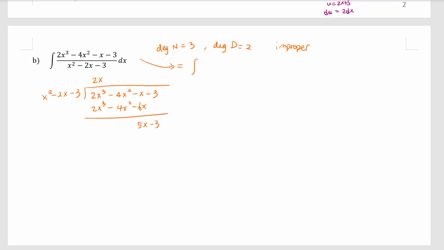The integral is the quotient plus the remainder over the divisor. So far, so good. And so for this one, we know the integral of 2x is just x squared. But you can see now the second integral is a proper fraction, right? So we can use the partial fractions decomposition method.